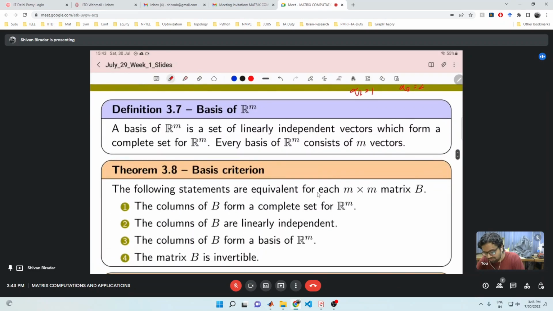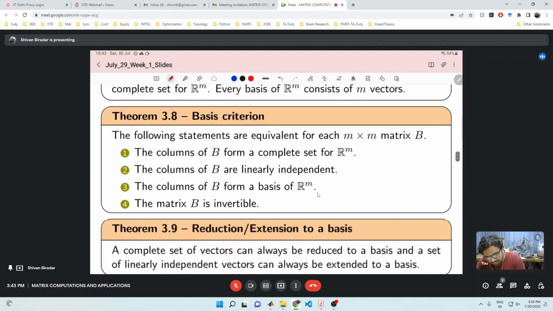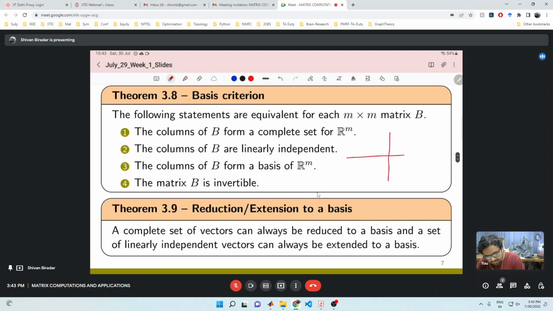So what is the basis of Rm? Again, we are in m-dimensional space, but for our convenience we'll look at R2 only. I'll directly jump onto an example. Let us consider that I have one vector here, (1, 0).